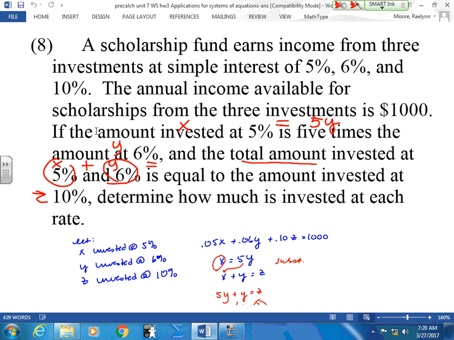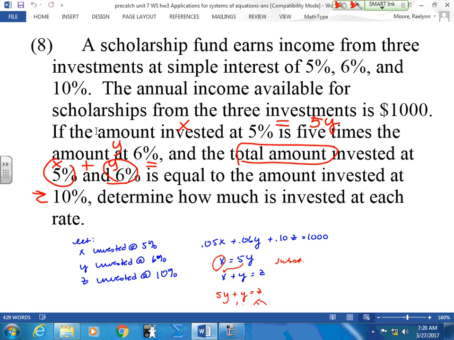Sorry, my mistake. The total amount invested. So just your X and your Y is equal to your Z. That means Z is going to get the most money invested. When you come out with this, if Z isn't your highest, something went wrong. So the total amount invested is equal to this, and just pull them right out of these words.